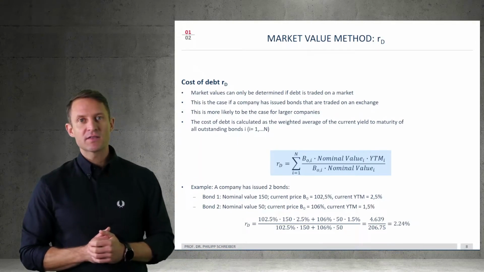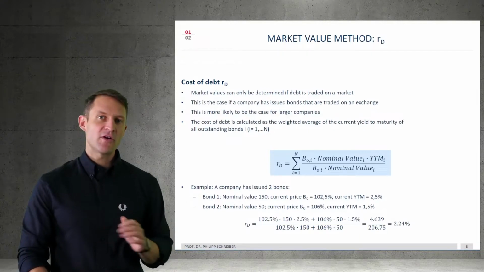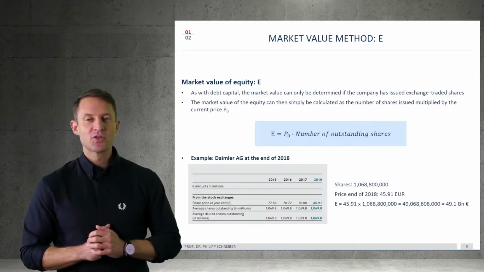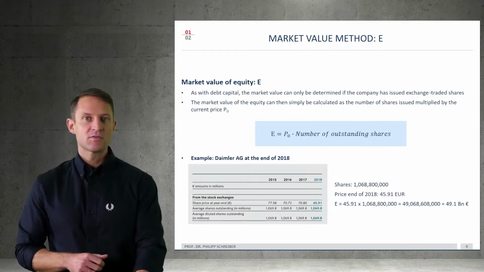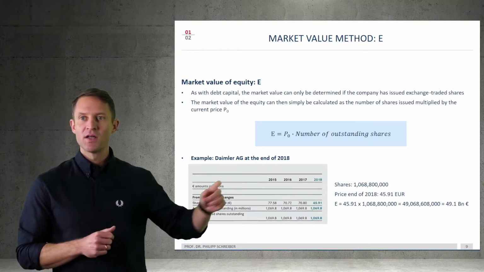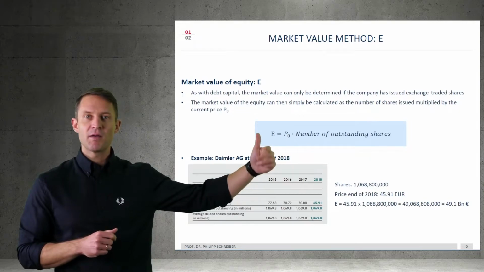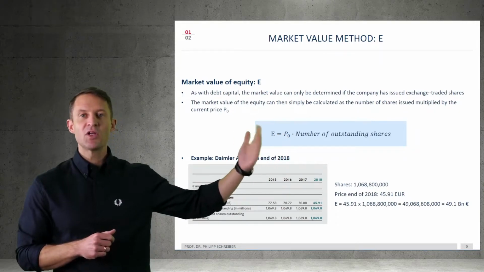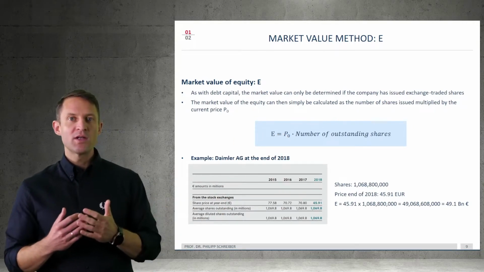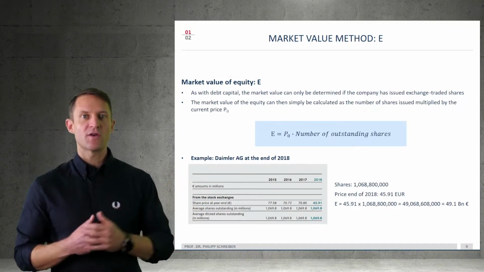Now let's move to equity. Equity value is very easy. The only thing we have to do is we have to check out, and we can find this online, we can also find it in the annual report, number of outstanding shares, and we multiply that by price per share. Then we know how much we would need to spend if we were to buy all the shares, all the stocks of a company.